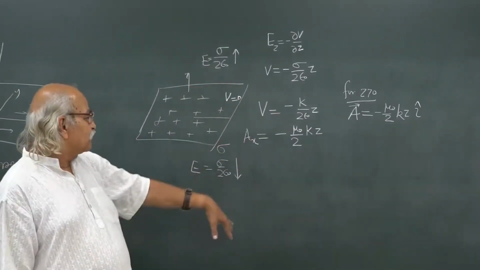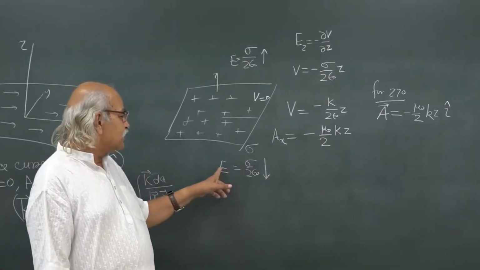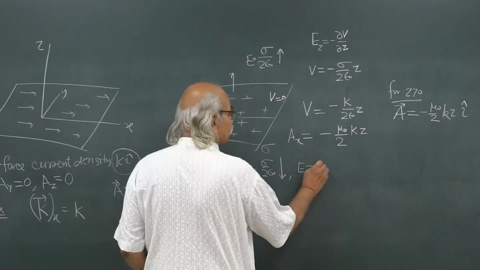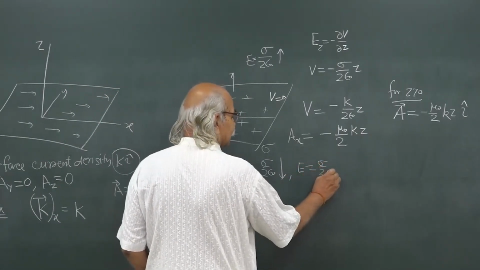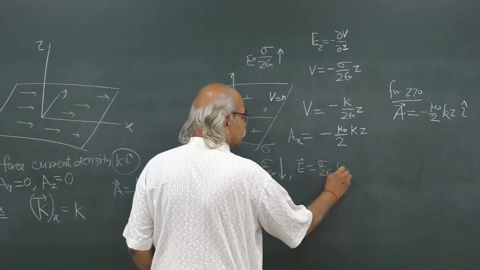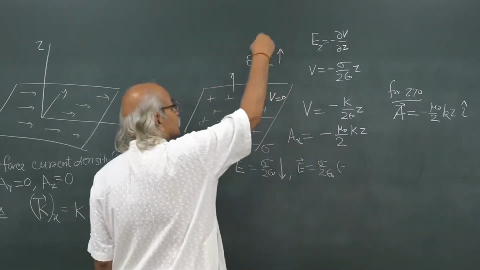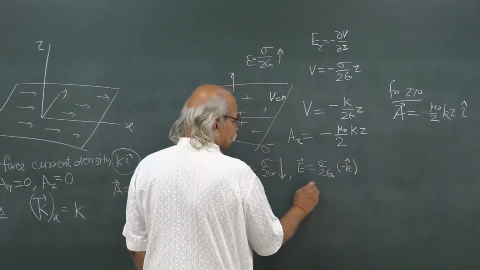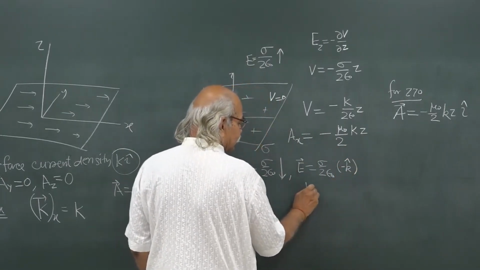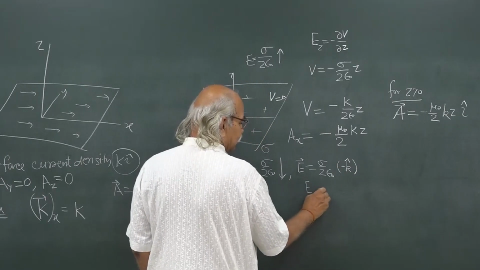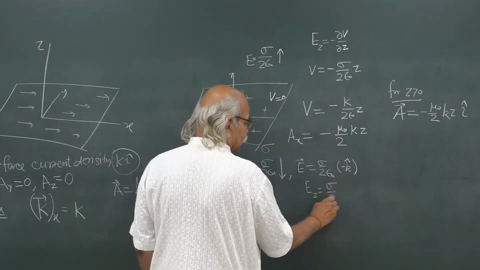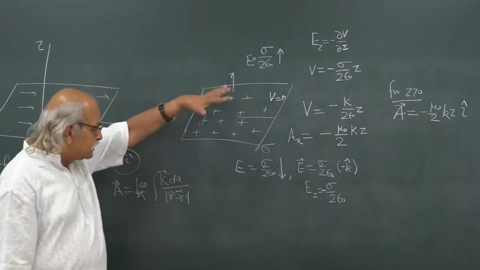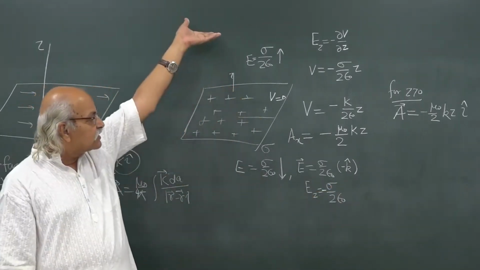Yes, come down here. The electric field here is sigma over 2 epsilon naught in the minus k cap direction. So, if I take Ez, that Ez should be sigma by 2 epsilon naught with a negative sign. The electric field is downward, here the electric field was upward.